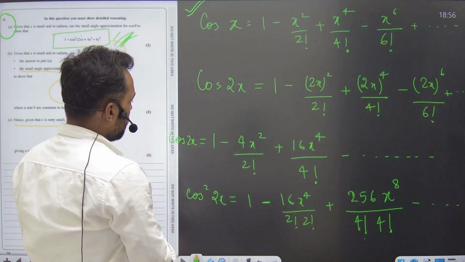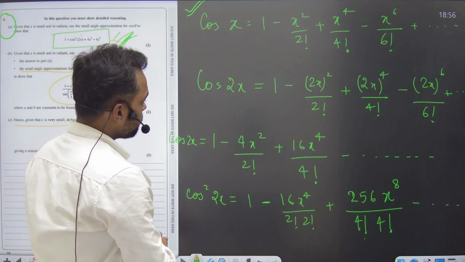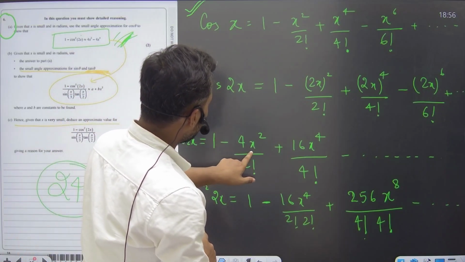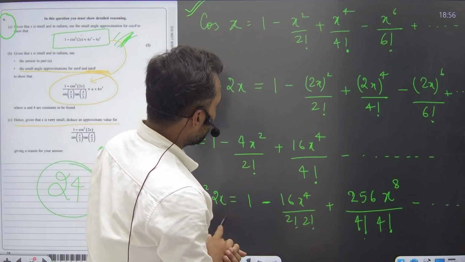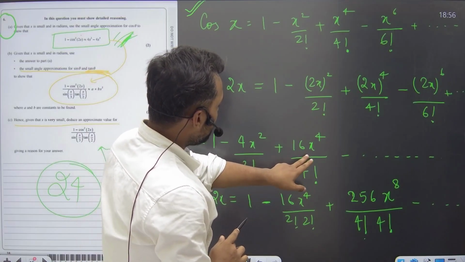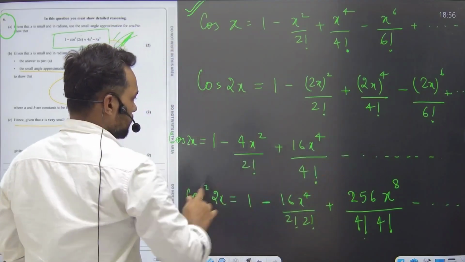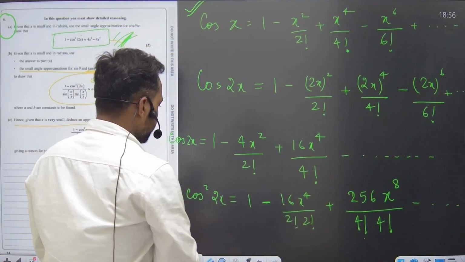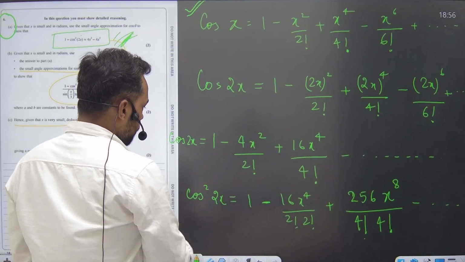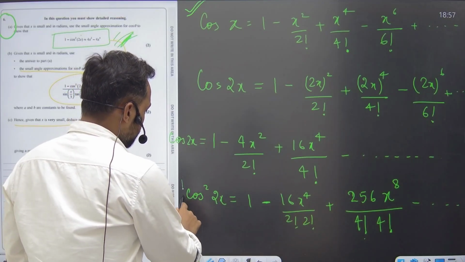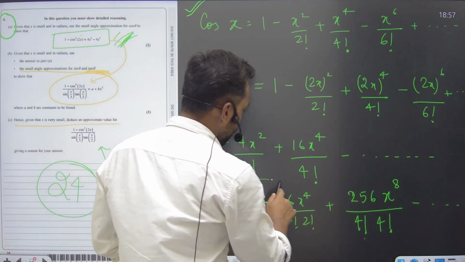Now again come here, for this cos 2x, the value we have got is 1 minus 4x square upon 2 factorial, similarly 16 upon 4 factorial, x to the power 4, and this is how the series was expanding. Now this part I have done wrong here.